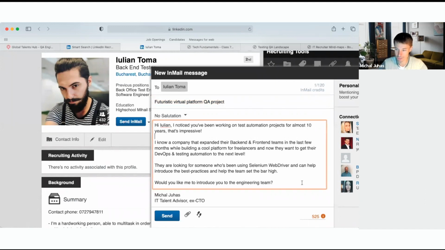It's a great option. So shall we do some quick voting, guys? What option do you prefer most? Say one is "QA project to set the bar high." The second one is "the futuristic virtual platform QA project." So one or two. Just type one or two. More a second. Both sound good.